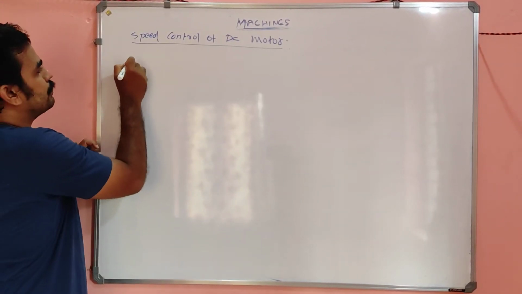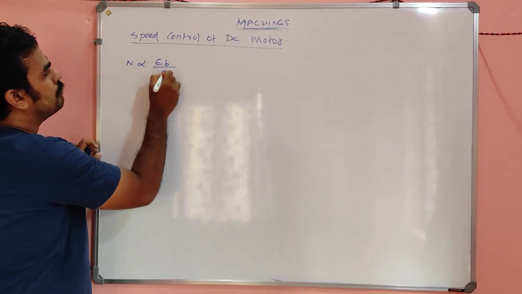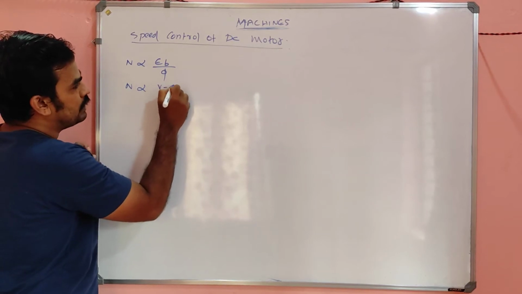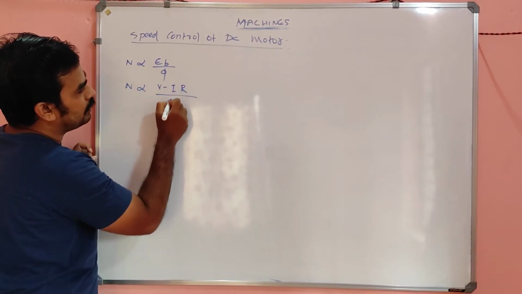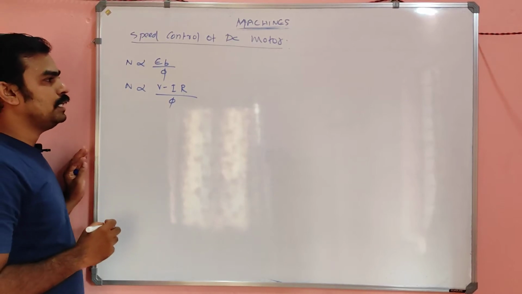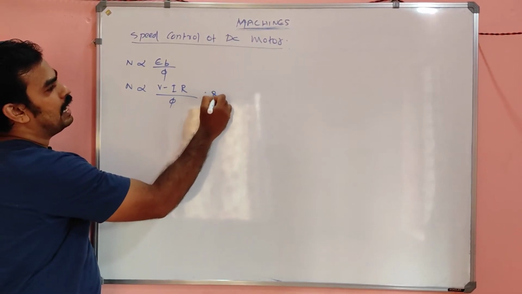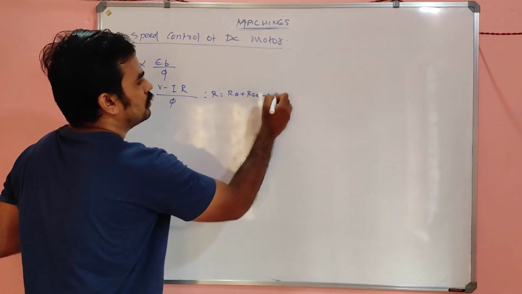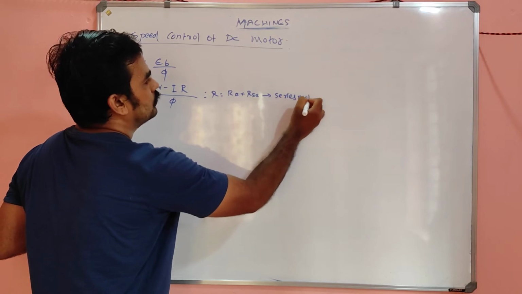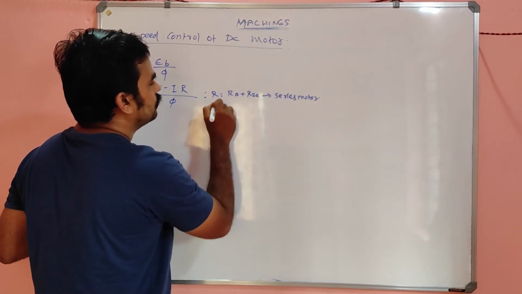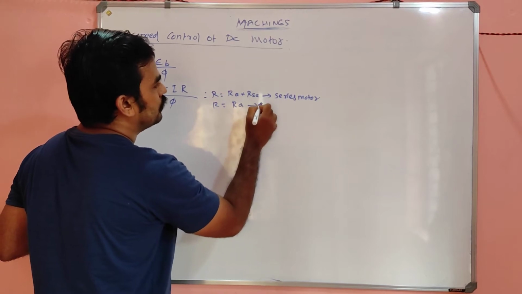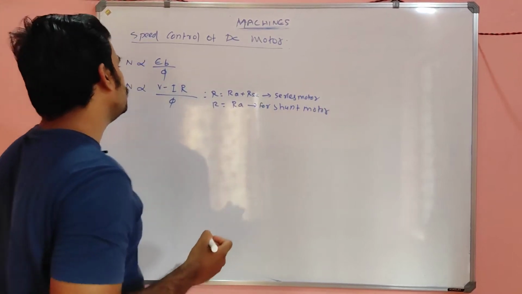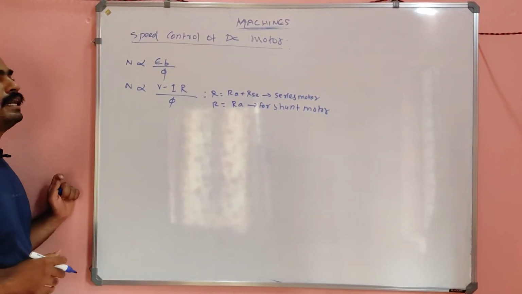We have the relationship n proportional to EB by phi, or I can say n proportional to V minus I into R divided by phi, where R is equal to RA plus RSC for a series motor, and simply RA for a shunt motor. So generally n is proportional to V minus IR divided by phi.